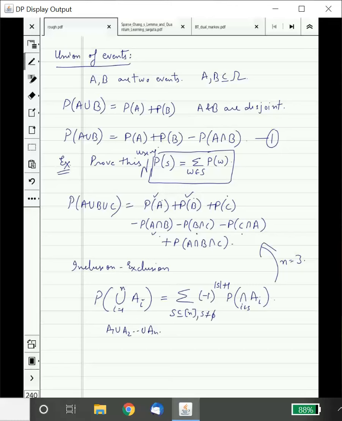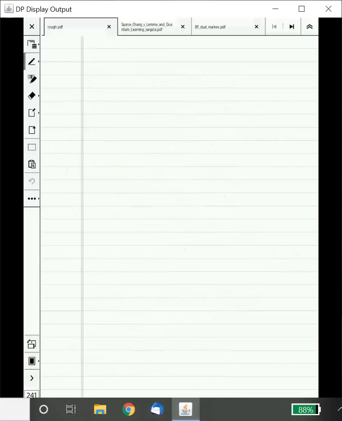What is the use of this? Mostly we use this when we say that, let's say A1, A2, AN, these are some bad events. So A1 is a bad event, A2 is a bad event, AN is a bad event, and we want to find the probability that no bad event happens. So can you write this? No bad event happens. That's set mathematically in terms of A1, A2, AN. Take it as an exercise. It's not very hard.